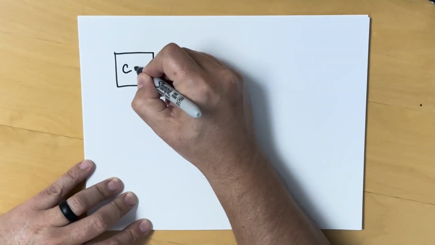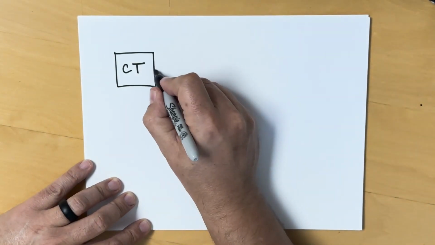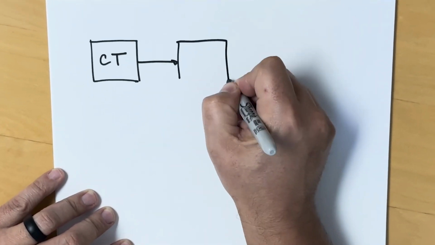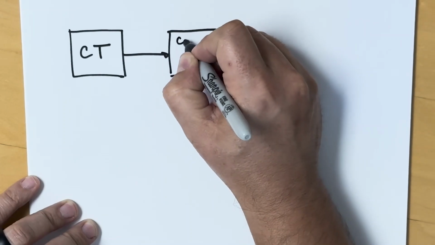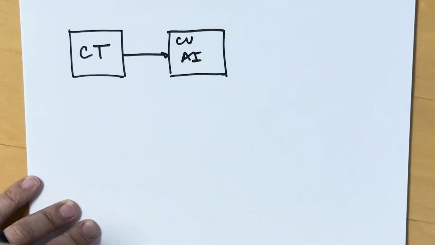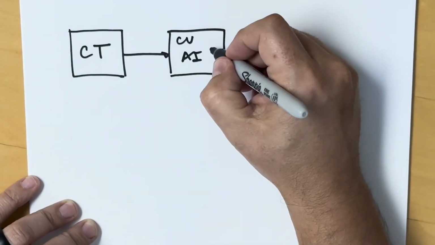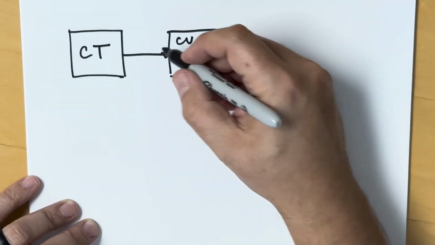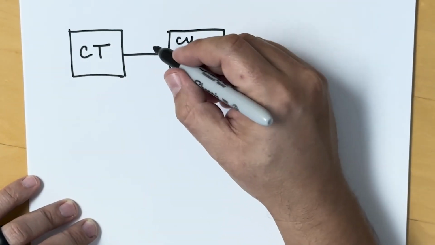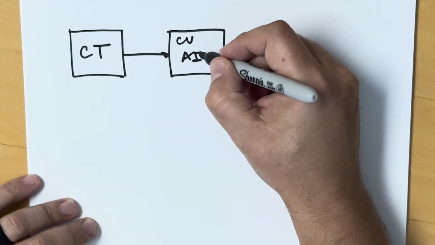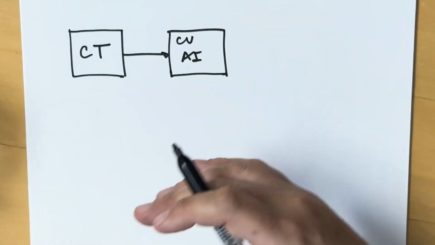Like I said before, CT is not the end, CT is the beginning of the inspection. So we start with CT, right? We don't end with CT, we start with CT. From the CT volume, we run a series of computer vision or AI algorithms that allow us to identify and then run different algorithms on each one of the samples within this volume.